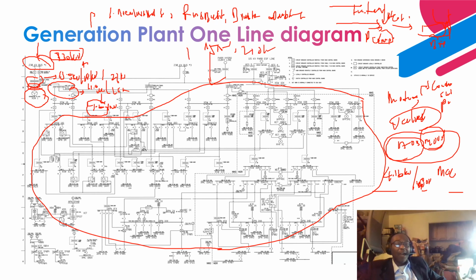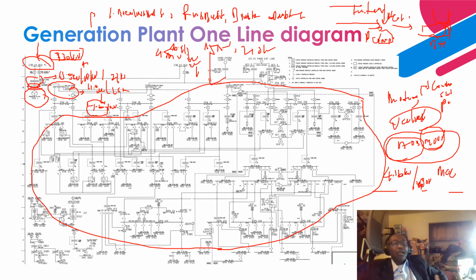Then you have a station service transformer that steps down the voltage from 115 kV or 230 kV to a medium voltage level, let's say 4.16 kV or 6.9 kV, to provide that separate auxiliary power to all these equipment, motors, valves, etc., in the generation facility, to be able to start up the generator. Because, think about it.